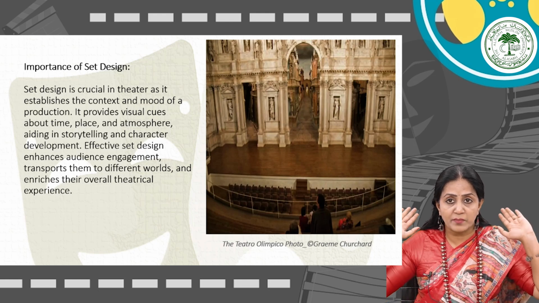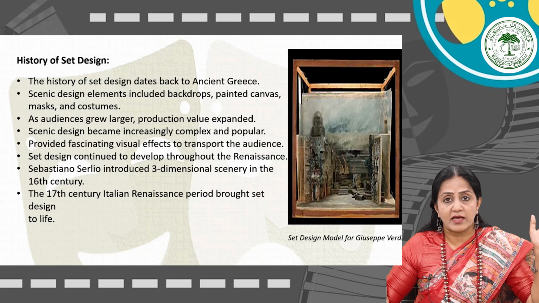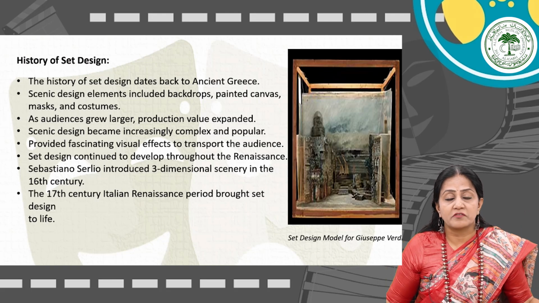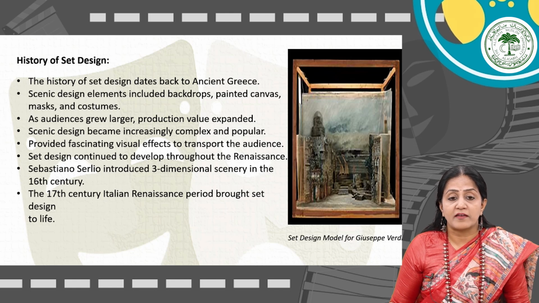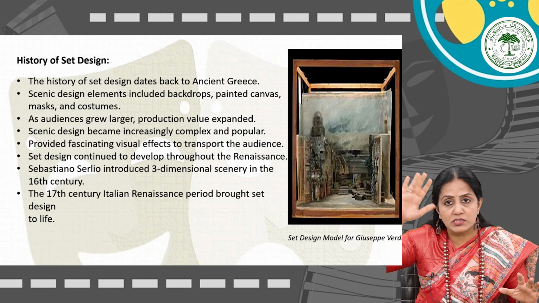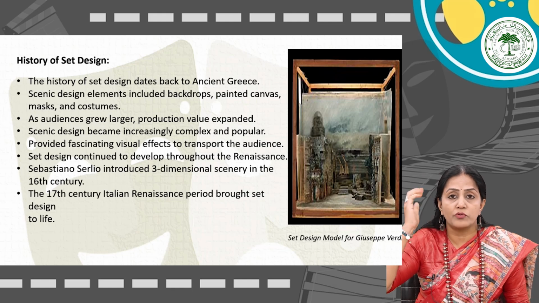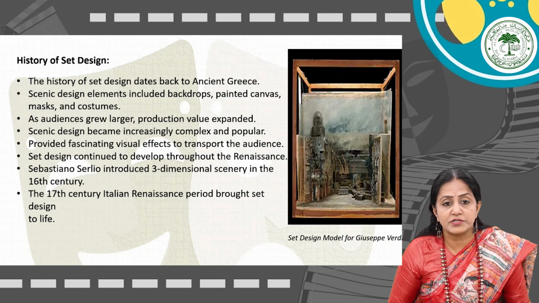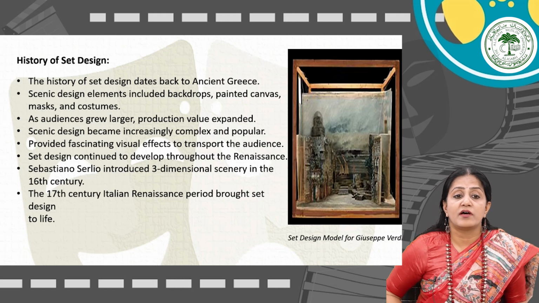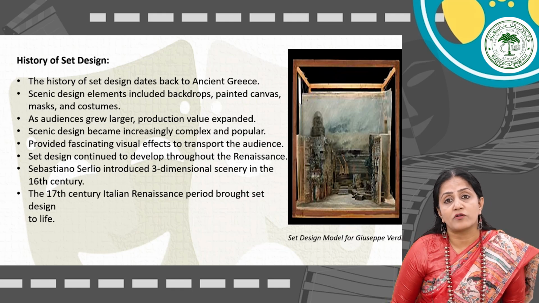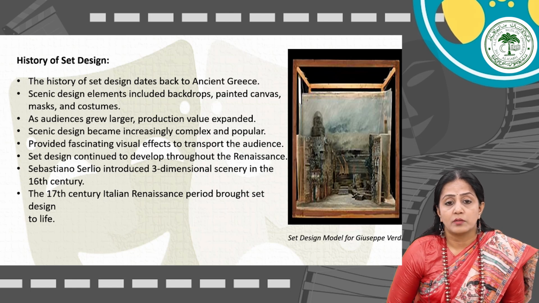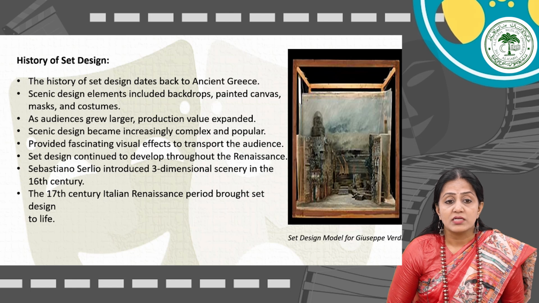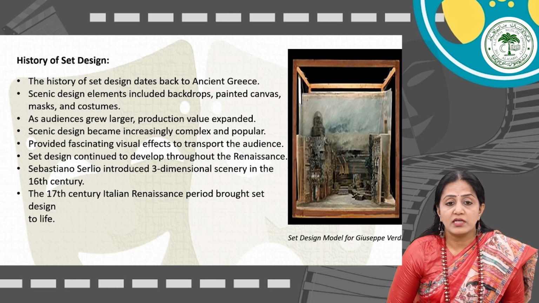So having in the backdrop a painted canvas, a big cloth with some colors, with some sceneries, then putting some masks around the stage, or putting masks on the face of the actors, the costumes that people are wearing, this all is part of set design. As audiences grew larger, production value expanded, scenic design became increasingly complex and popular.